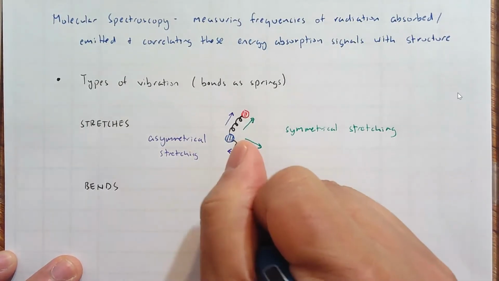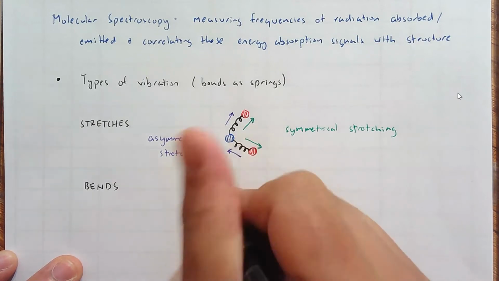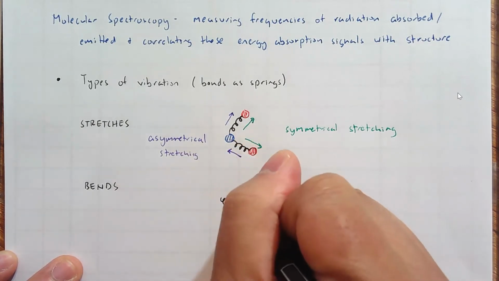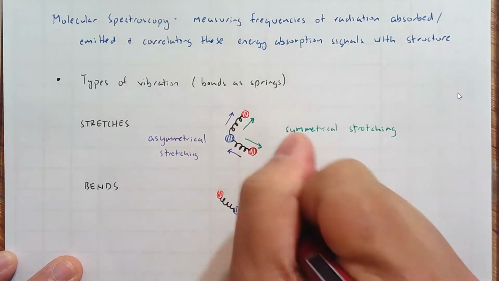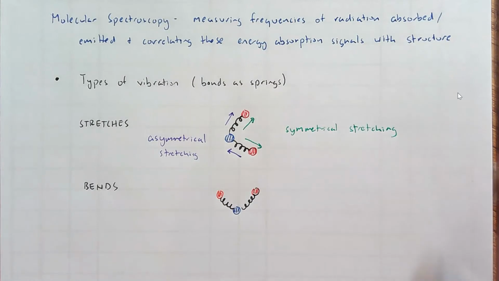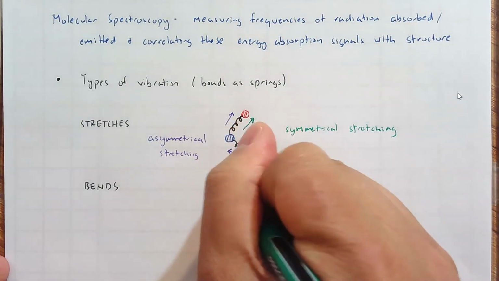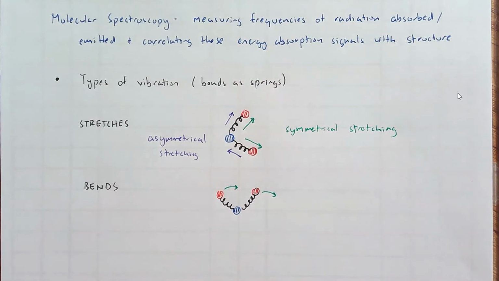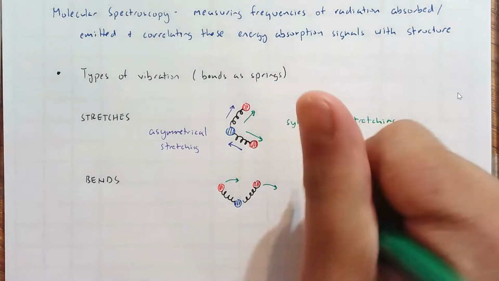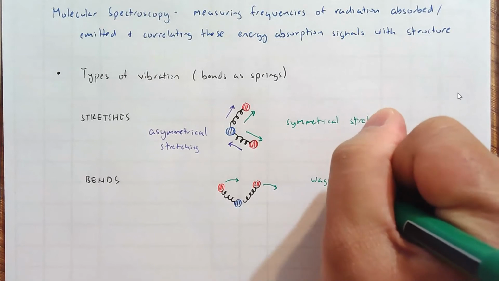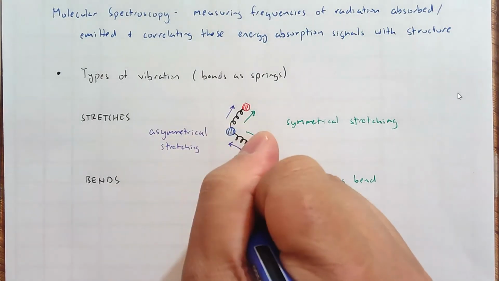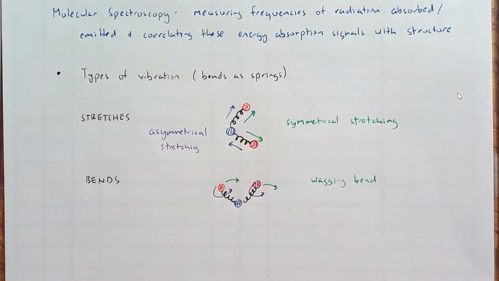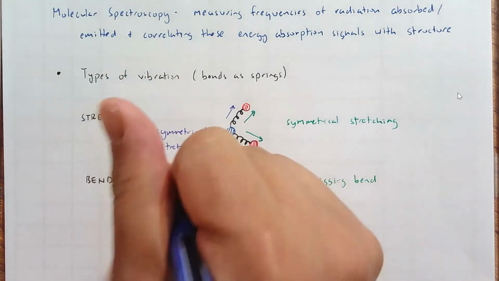The other type of vibration is called bends. And let me draw it this way now. So how do we get a bend? Well, we could get something like this movement that's in the same direction, and that's called wagging. It's a wagging bend. And if they go in, let's say, a twisting motion, like that, that's called a twisting bending, or twisting bend.